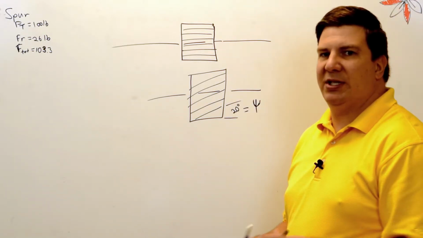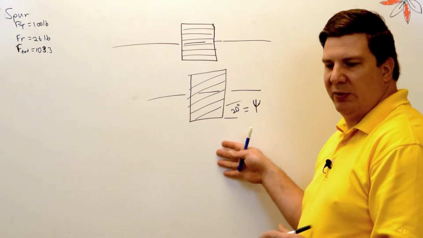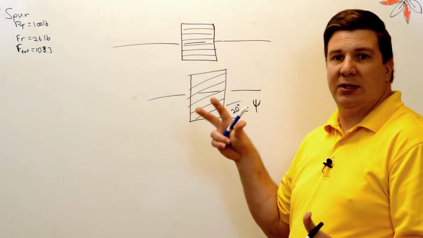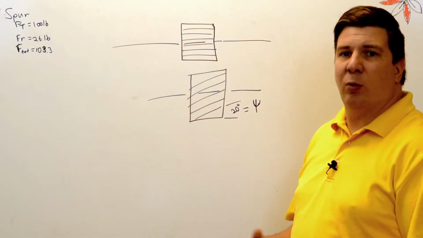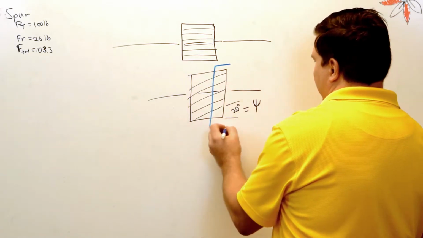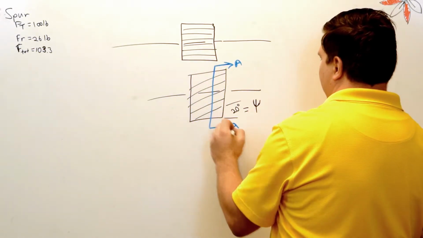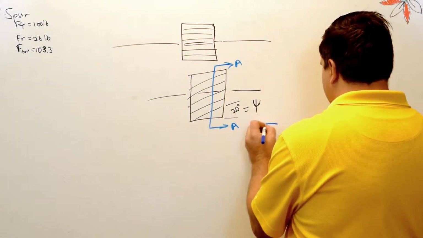And what happens here is we start getting a different tooth profile when we look at it in different ways. So when we look at it from one point of view, let's just take a section here, and we'll just call this section A. All right, we're going to get a profile that looks like this.